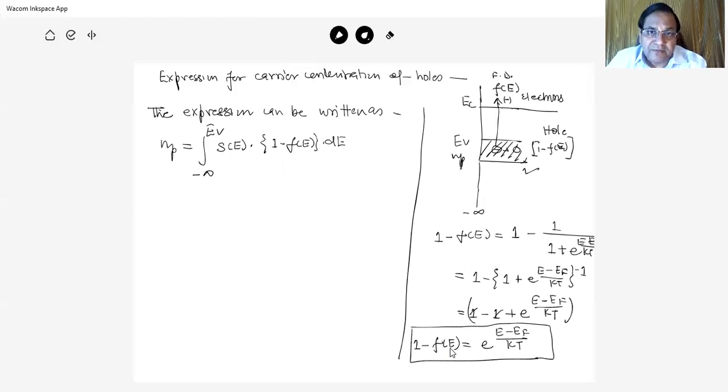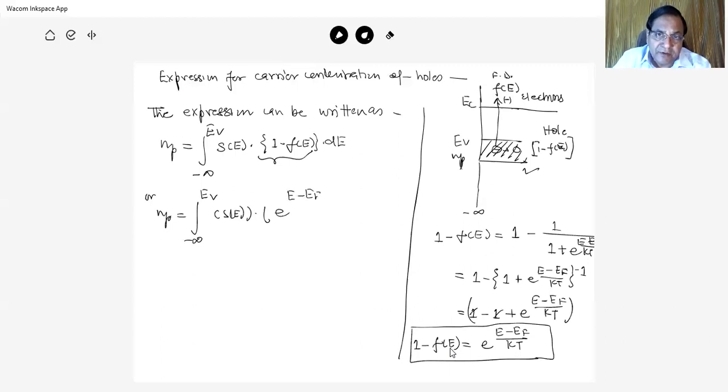So in place of this hole function, we can express by substituting. We have n of p equals the integral from minus infinity to EV of S of E times e raised to the power (E minus EF) upon KT dE.